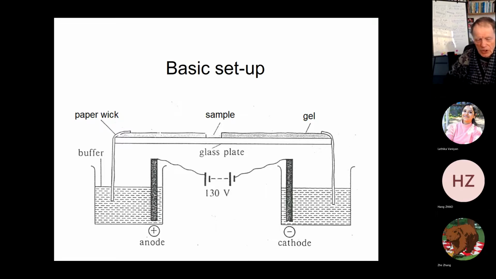So the more charge the protein has, depending on the numbers of aspartic, glutamic acid groups, arginine, lysine residues, the greater the net charge, whether it be negative or positive, then the faster it will move. So it won't just be molecular weight that dictates how fast the proteins will move. And also, proteins have different conformations.